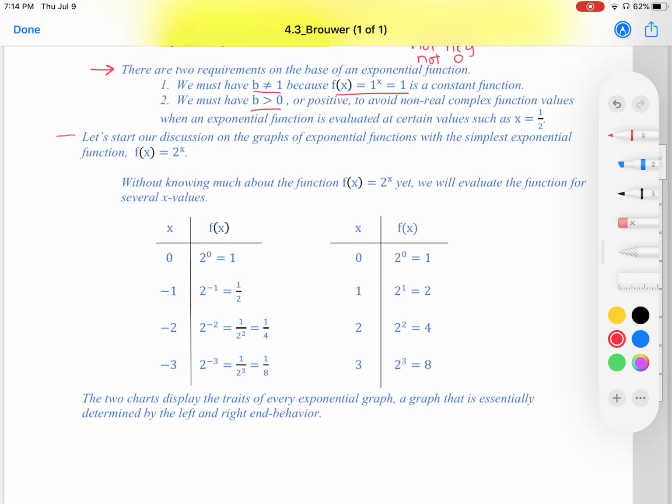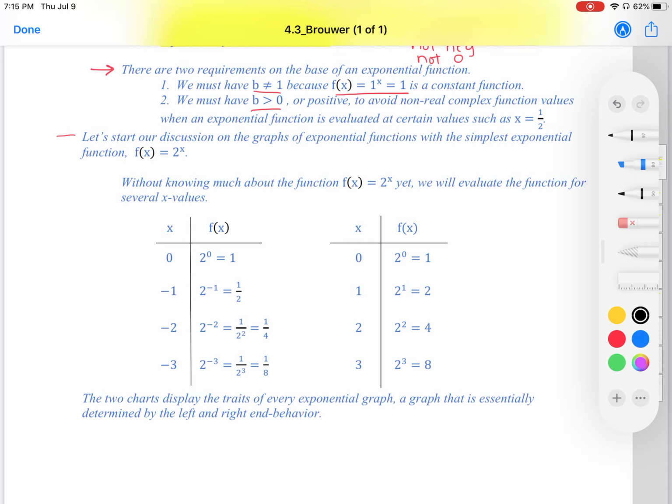Let's start our discussion on the graphs of exponential functions with the simplest exponential function, f of x equals 2 raised to the x power. Without knowing much about the function, we'll evaluate the function for several x values. All right, so this is our first exponential function.